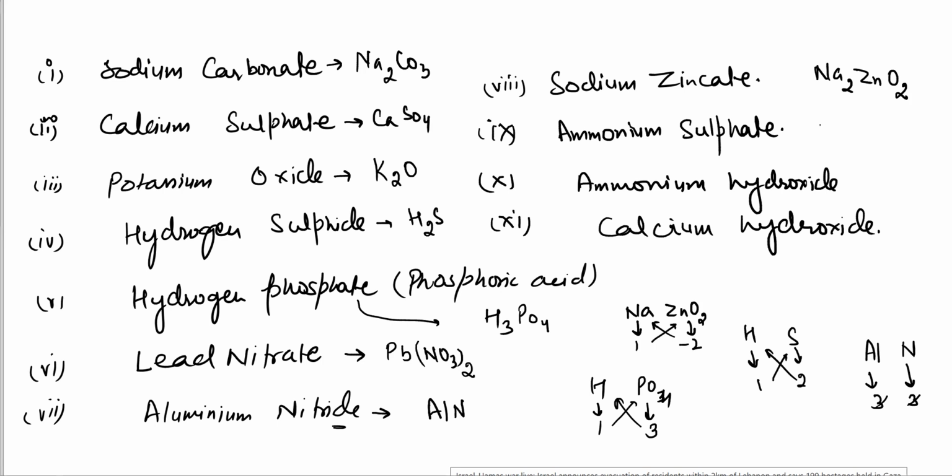The next one is ammonium sulfate. Ammonium sulfate is (NH4)2SO4. Why? Because ammonium is NH4 with +1 and SO4 is 2. When you cross multiply, you cannot write it like NH4 2.